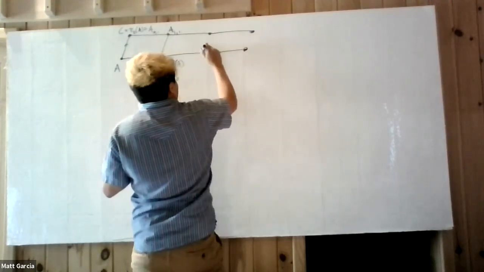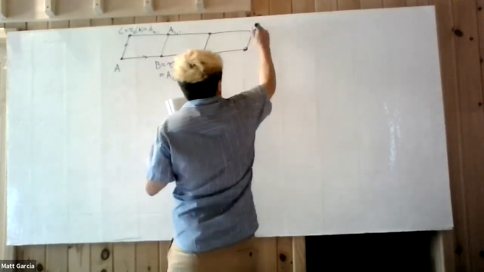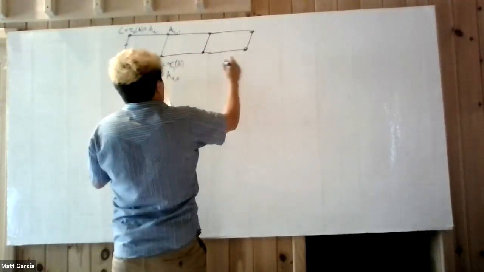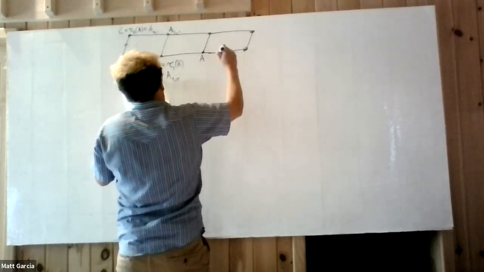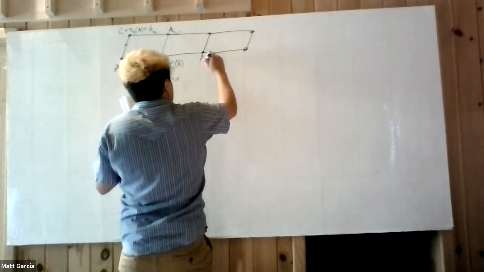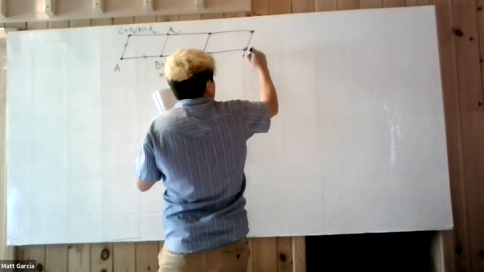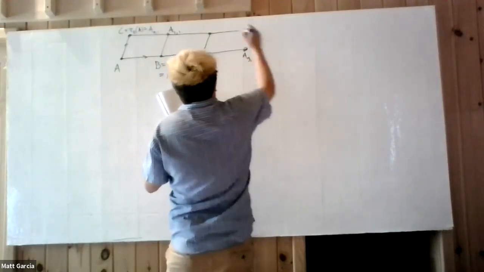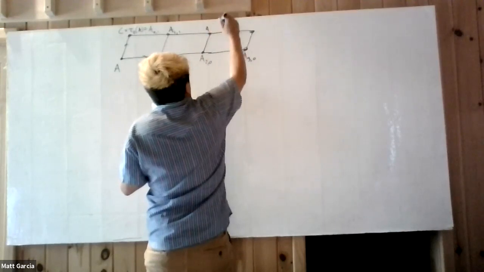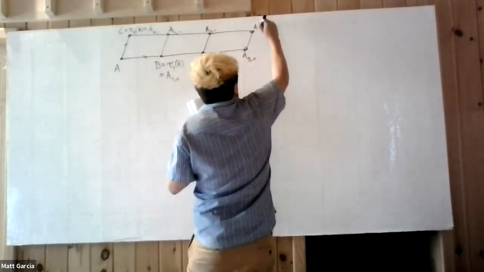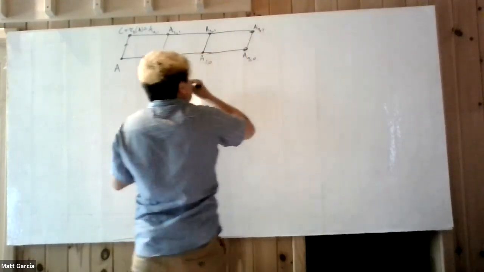So what do I get here? I get A sub 2,0, A sub 3,0, A sub 2,1, A sub 3,1.